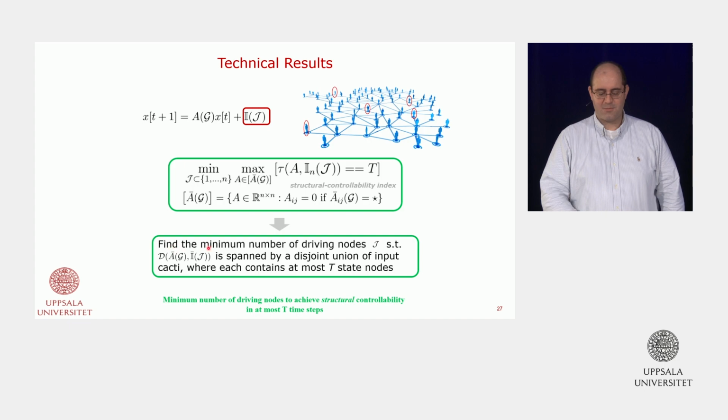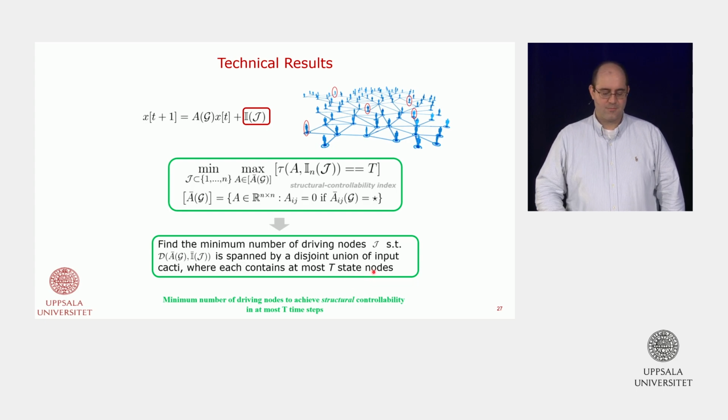So find the minimum number of driving nodes, calligraphic G, such that once I consider the digraph considering those G driving nodes, this new digraph is possible to clip in input cacti that contain at most T nodes. So that's exactly what we would like to do.